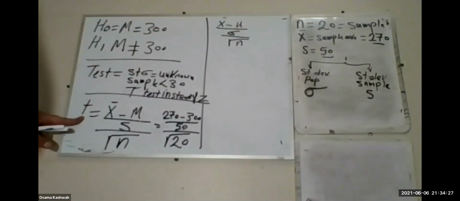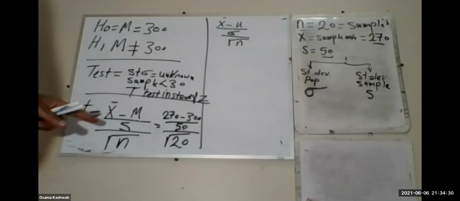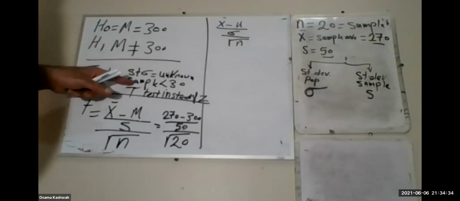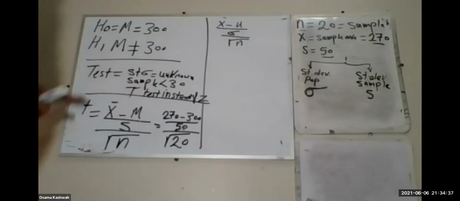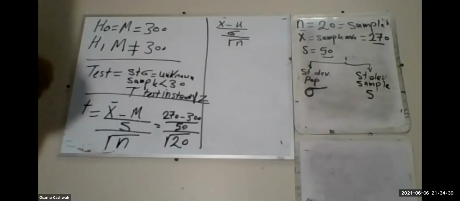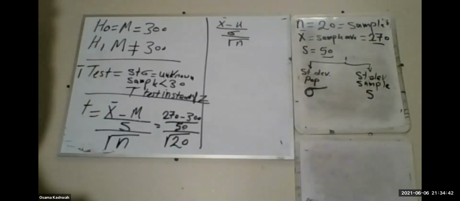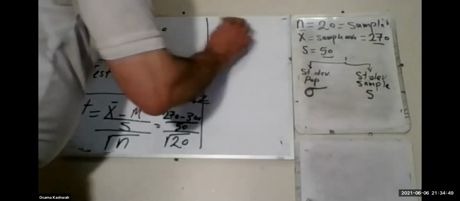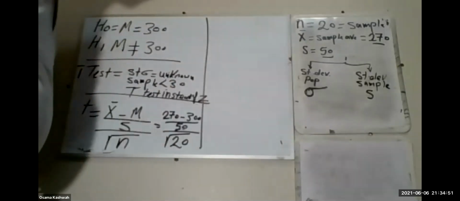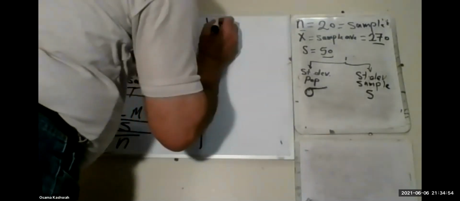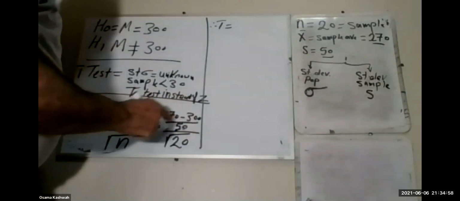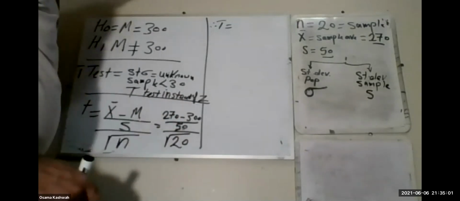I use the T test here for two reasons: because I don't have the standard deviation of the population, and at the same time the sample is less than 30. That's why I use the T test. Then, when you finish all the calculations, T equals 270 minus 300 divided by 50 divided by the root of 20.